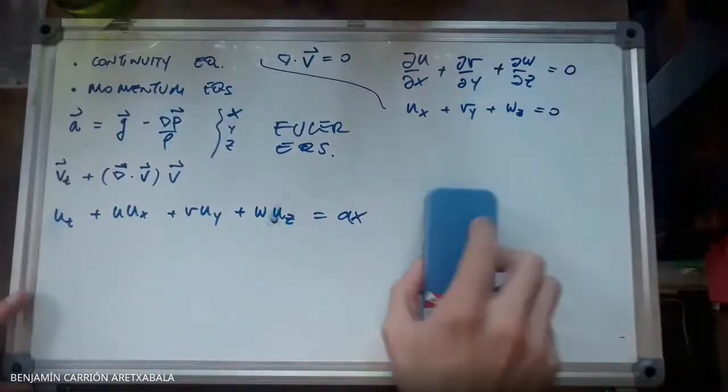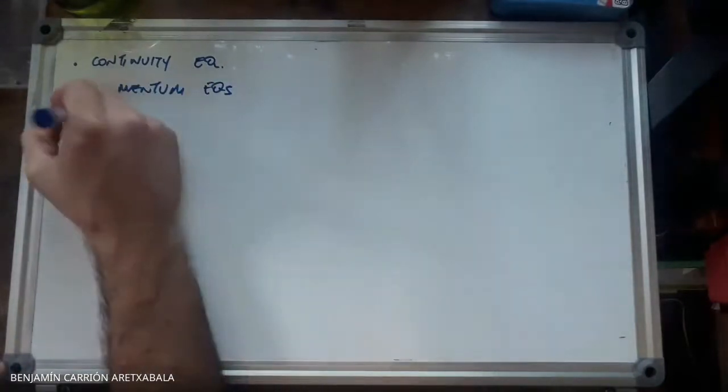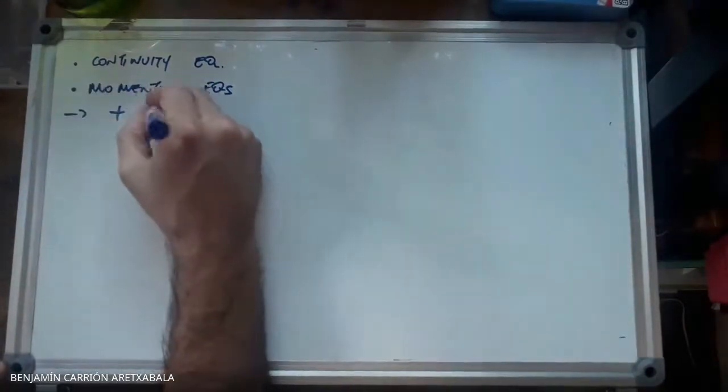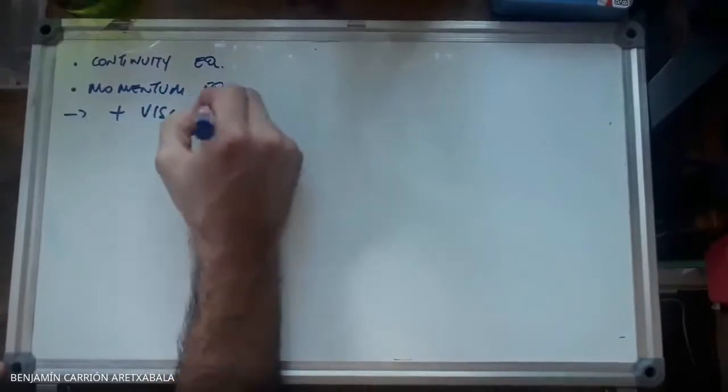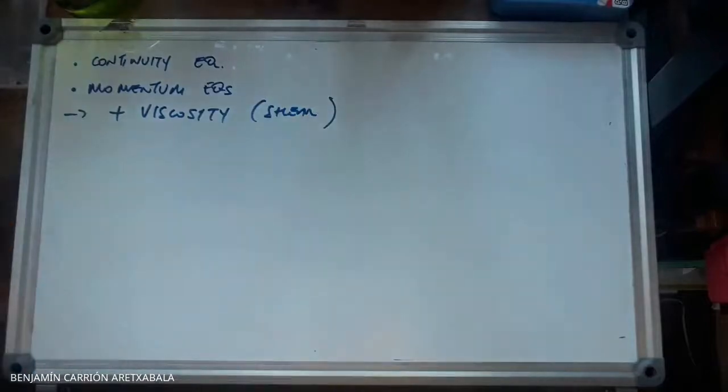So what we're going to do now is add viscosity to it and derive the full Navier-Stokes equations. Rather than viscosity, it's really shear stresses. Okay, so let's get to it.